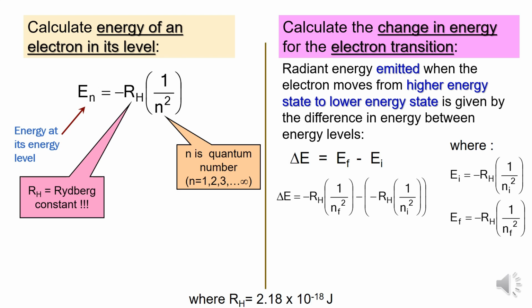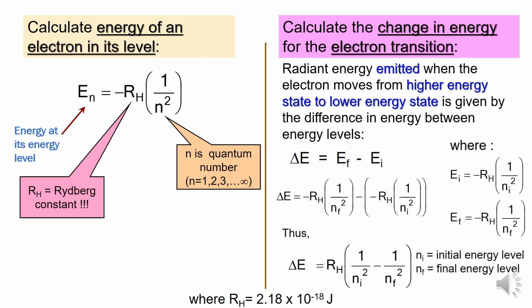Then we substitute both equations into delta E equals EF minus EI, where i is the initial energy level and f is the final energy level. Thus, we get delta E equals RH times 1 over Ni squared minus 1 over Nf squared.